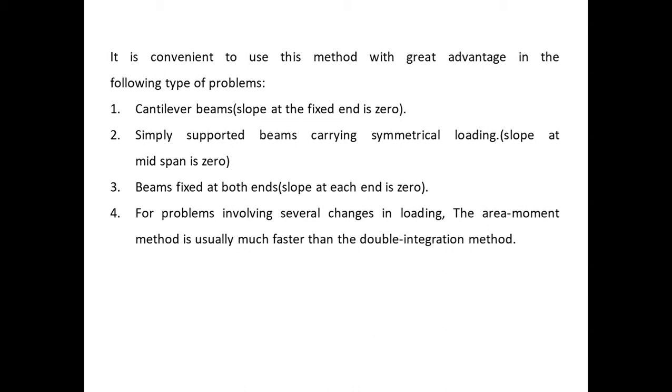For these three types of beam, the moment area method is an easier one to find the slope and deflection, because in a cantilever beam, the slope at the fixed end is 0. Here in this cantilever beam, at the fixed end, the slope is 0.